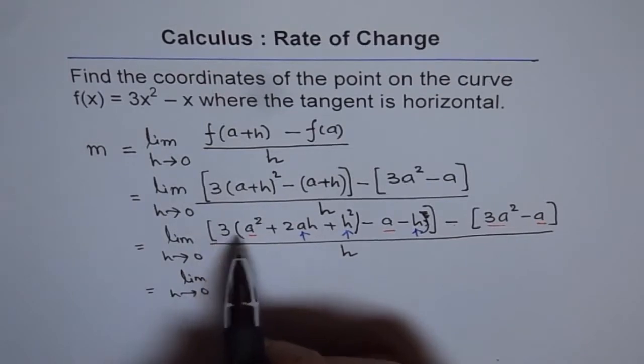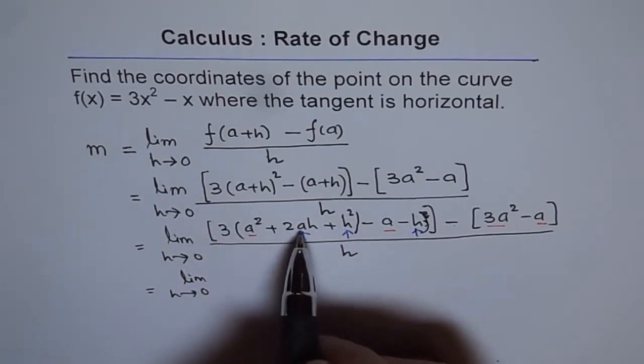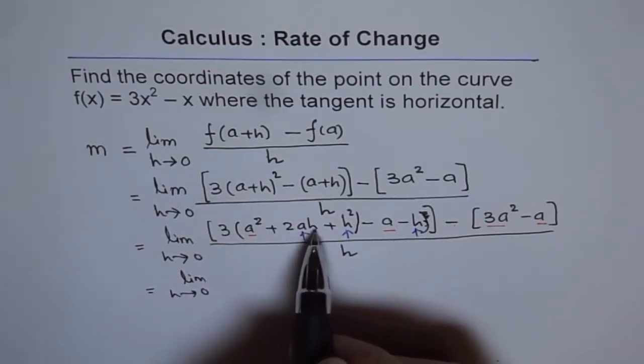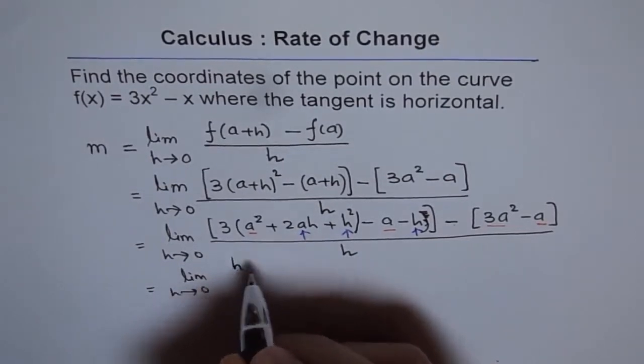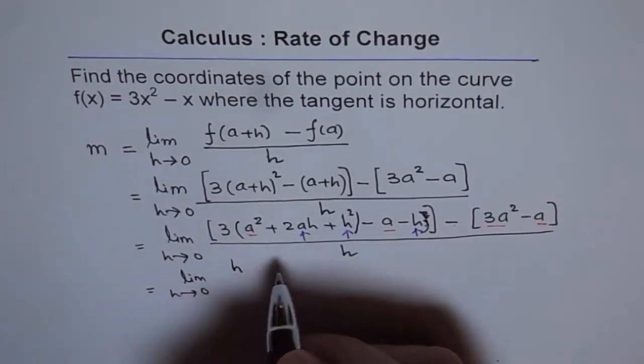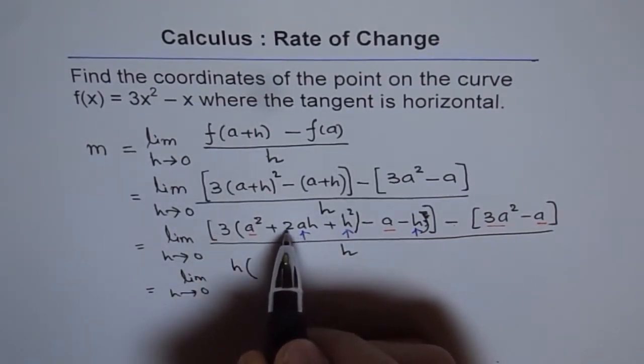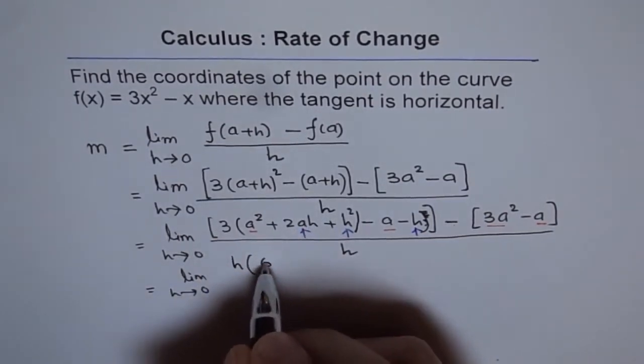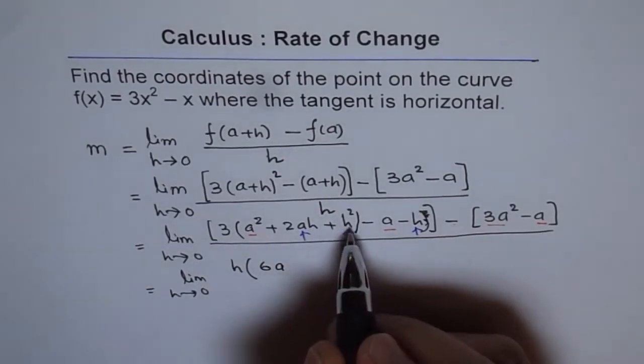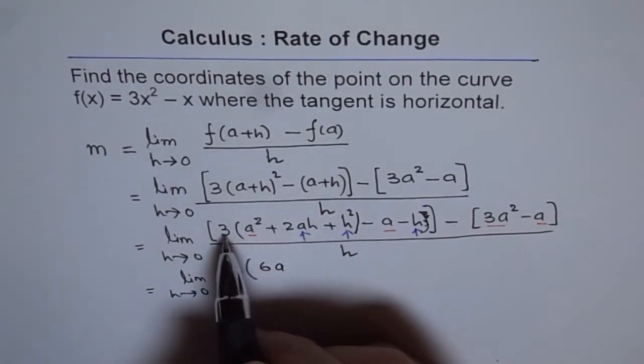Now I'm writing 3 times 2 is 6, 6ah. I'm writing h as a common factor outside. So we have h as common, and 3 times 2 is 6, 6a. And here I've factored out h, so I'm left with 3h.